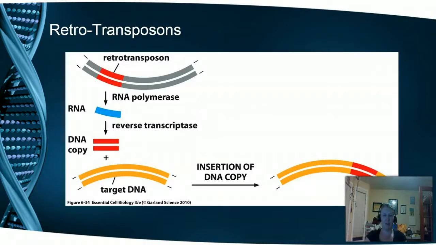We use an RNA polymerase that's present in the host to make this new DNA, but sometimes they'll come with their own information to create this, and sometimes they will rely on the cell's mechanisms. So it's important to understand the differences between that. But the retrotransposon will use an RNA intermediate to jump into the other DNA.